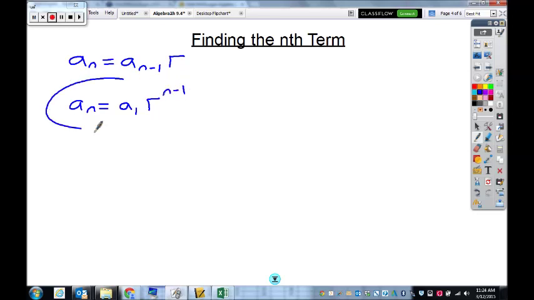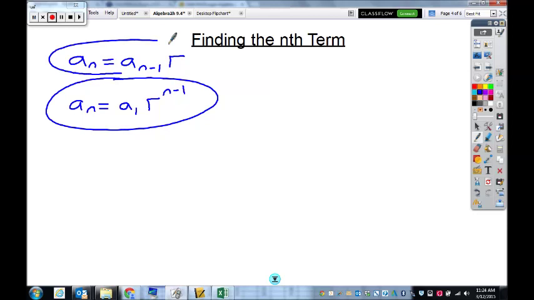So either one of those will work, but the difference is if I use the second one, I can use it as a little bit more like an explicit. I don't have to have the previous term. It doesn't really matter which term I use. Okay? So with the top one, I have to have the previous term. With the bottom one, I just use whatever term I need. In this case, I'm using the first term. And of course, I can change those numbers whichever one I want.